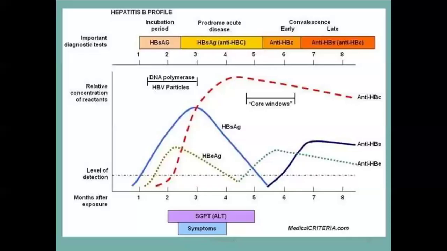So that's good. We do IgM. So the only sole marker present during the window phase, or the window period, is anti-HBC IgM. That is the only one.